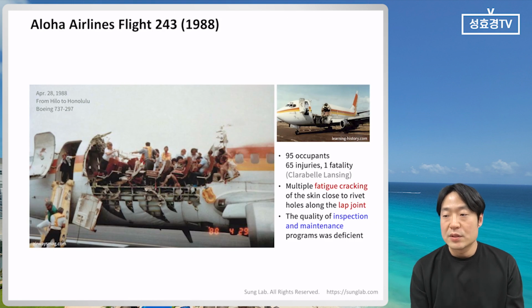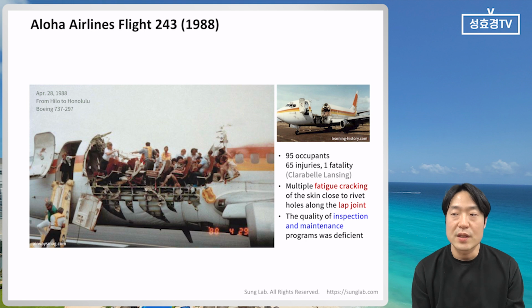And also, this is really a tragic one, Aloha Airlines Flight 243, in 1988. As you can see, the roof of the fuselage just blew away. In Hawaii, we know there are a lot of islands, like Oahu, Maui, the Big Island and Kauai.